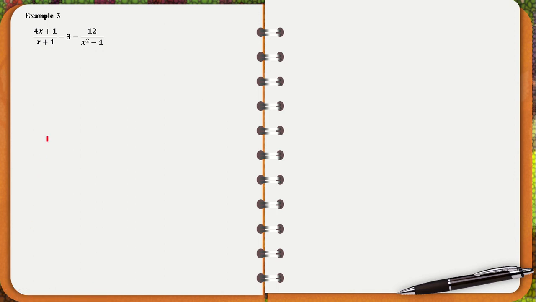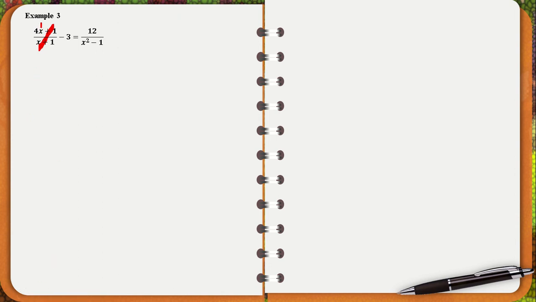Lilinawin ko lang po, kapag meron kayong nakitang ganito, kasi common misconception ito ng mga estudyante, itong 4x plus 1 divided by x plus 1, you can never cancel x plus 1. Kasi 4x plus 1 yan. Hindi mo siya pwedeng i-cancel dito, it's not the same as x plus 1.